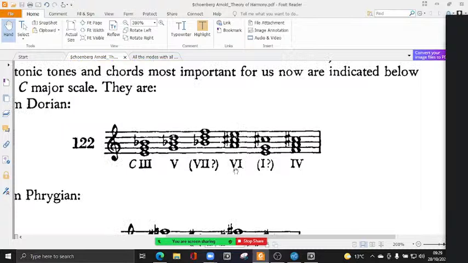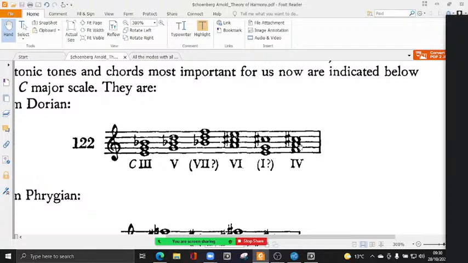And the sixth degree major, because of the C sharp. Remember, when you ascend in the D Dorian, you put C sharp. And then again, we have a little problem here because of the C sharp diminished. Again, this is an inversion, but the chord is C sharp diminished at the end of the day. It's changing the identity by changing the root of the chord.